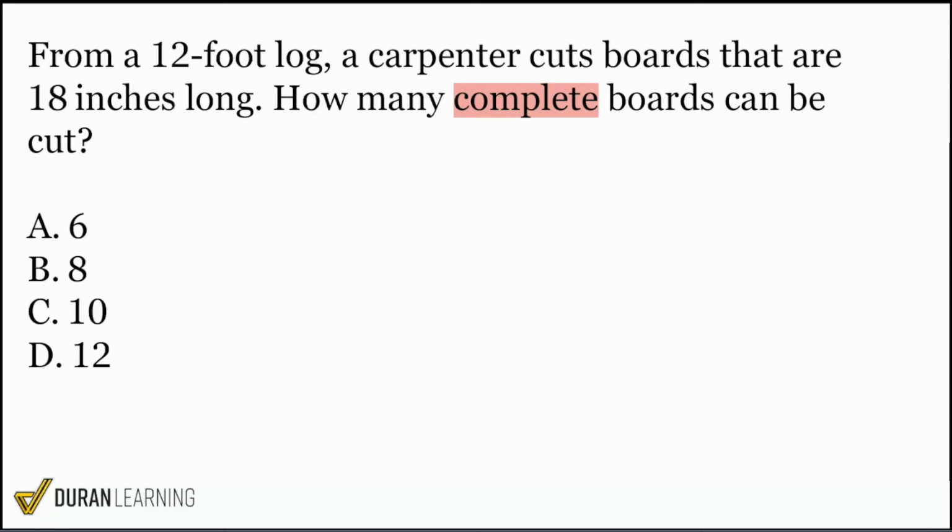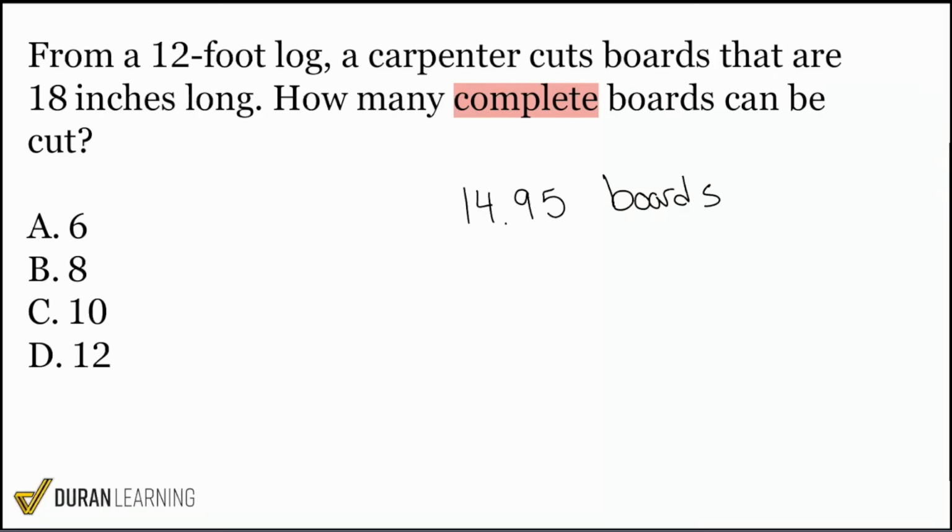So for example, everybody, let's say magically, and I'm not going to use one of the answer choices, we get our final answer and it says 14.95 boards. After we do all of our math, let's suppose that it says 14.95 boards.